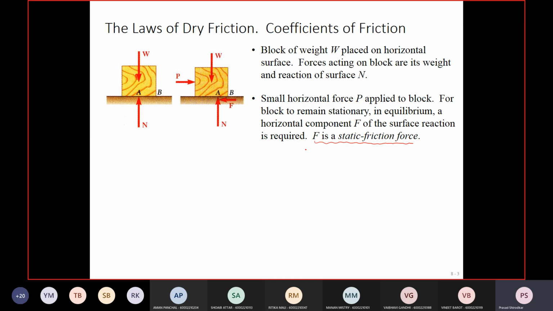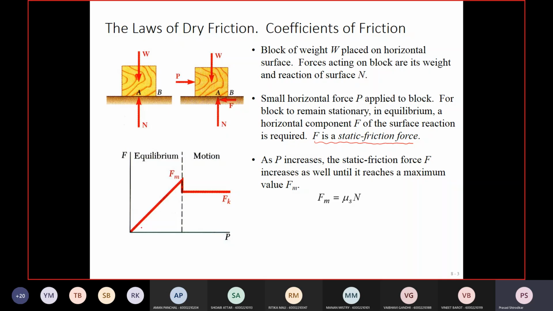What happens when P increases? I will construct a graph with P on the x-axis and the friction force on the y-axis. As the applied force P increases, the friction force also increases, and it reaches a certain maximum value Fm. Till this point, the system is in equilibrium, or there is no motion.